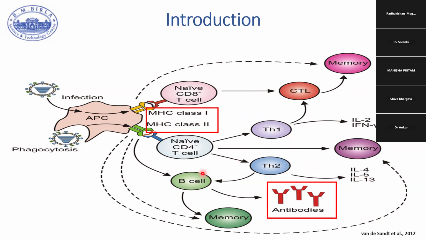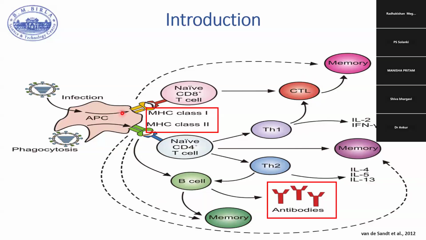Besides these, B cells also activate. The B cell immune response activates some memory cells for the future, and it also induces plasma cells that produce antibodies in our body. This is the first interaction of any antigen in our body. So this is the overall immunology of our human body.